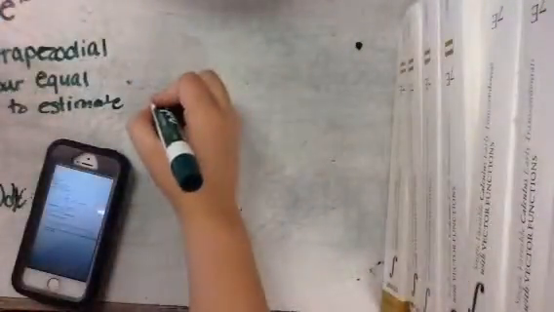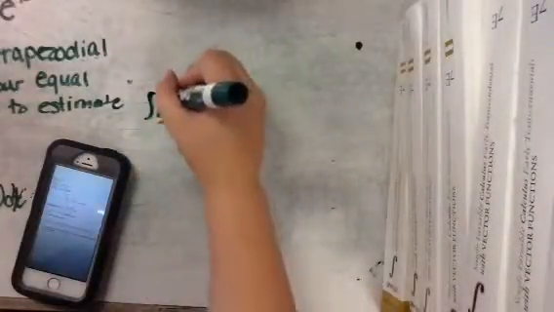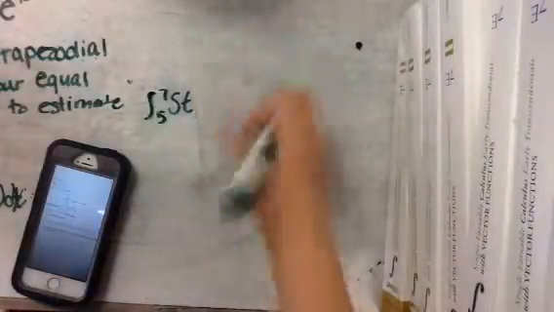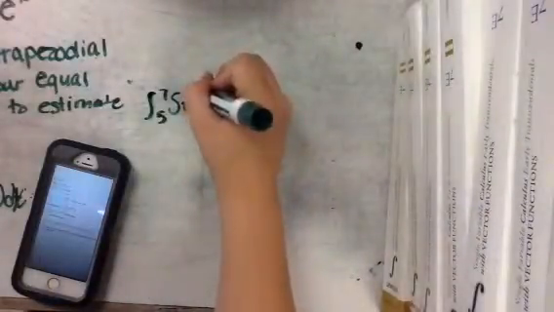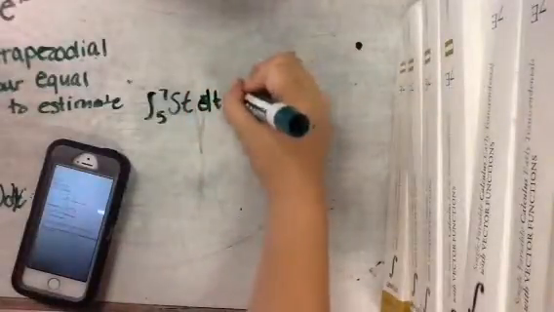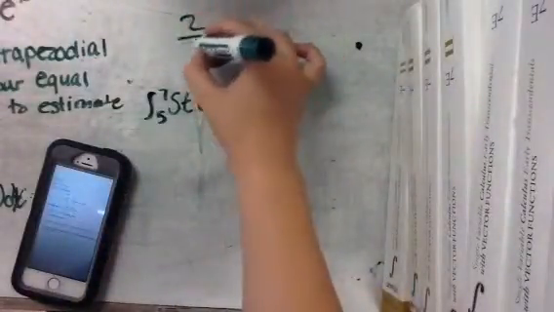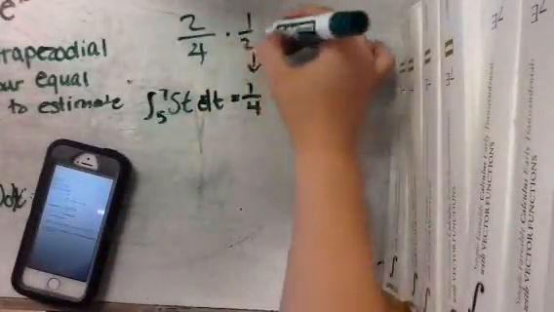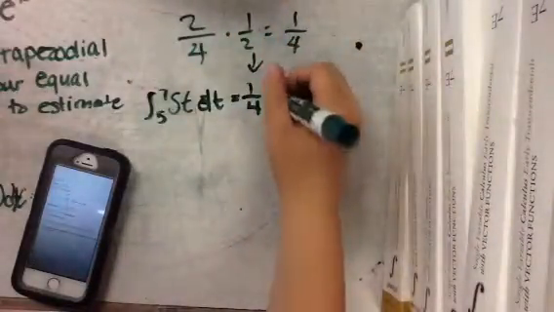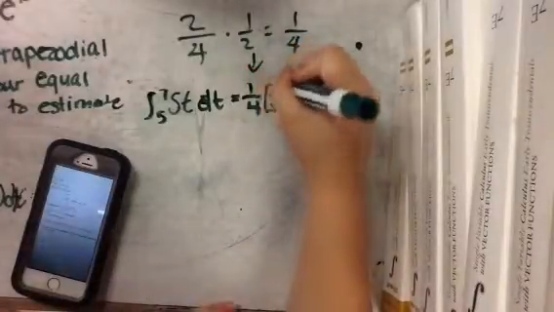Okay, so now we evaluate the integral from 5 to 7 of S of t dt, and that would equal 1/4, because it's 2 divided by 4 equal subdivisions times 1/2 equals 1/4. So we'll have a 1/4 out front.